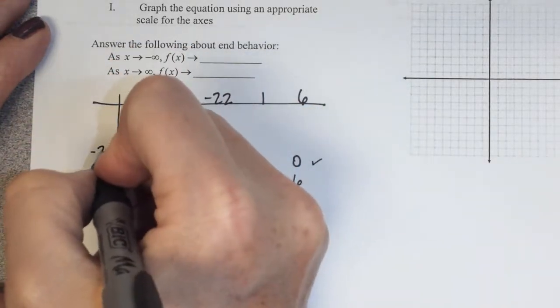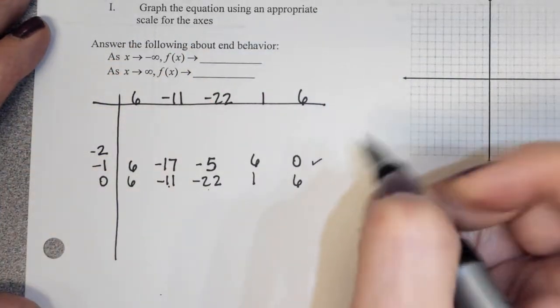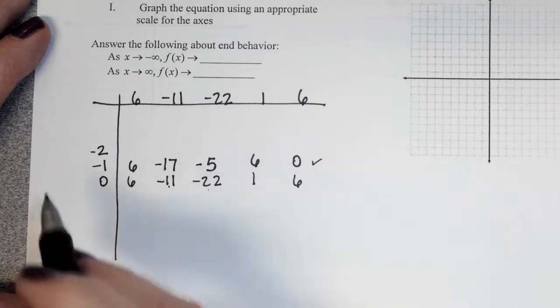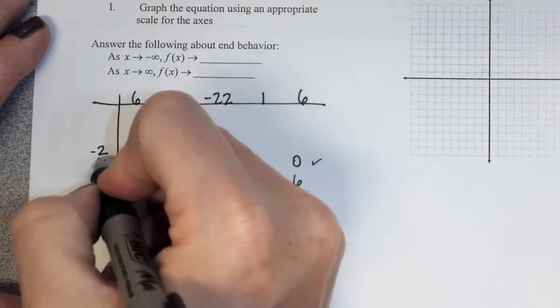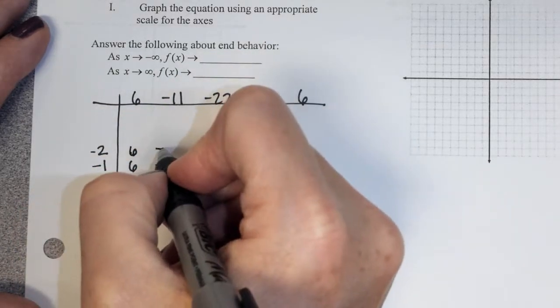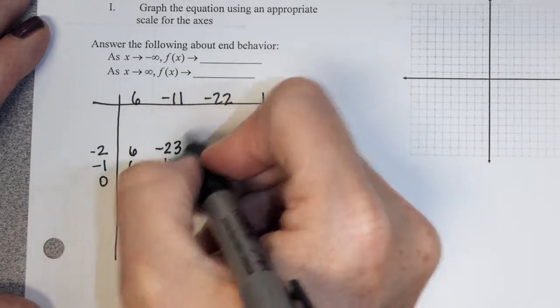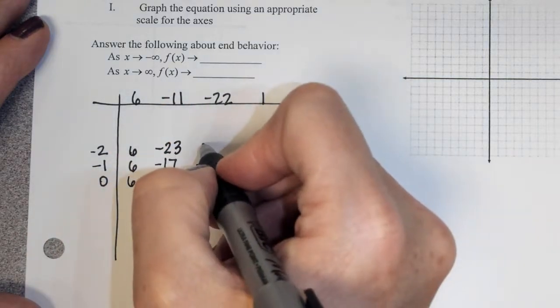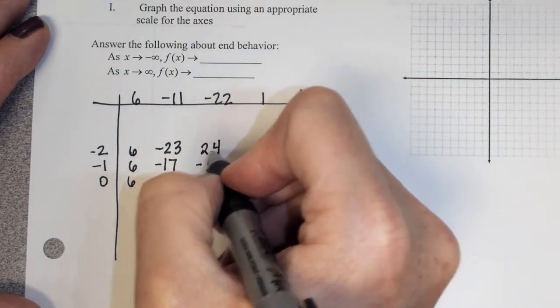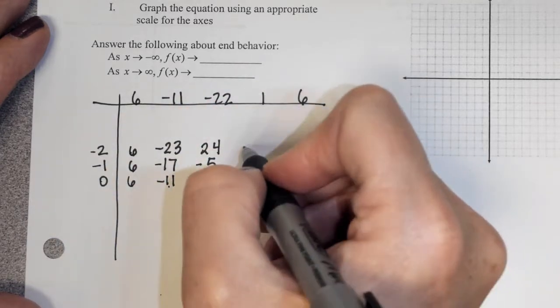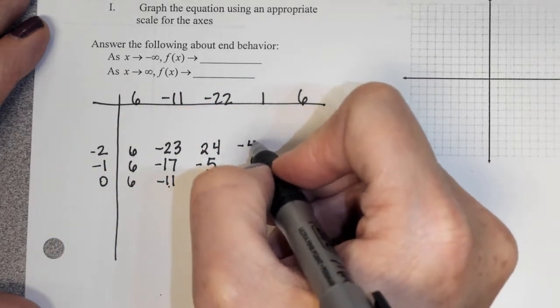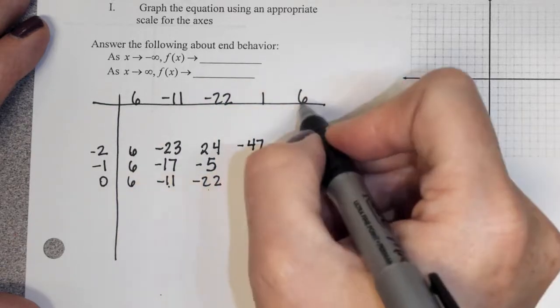So now I'm going to go down to negative 2. First I want to check for alternating signs. No. Okay, bring down the 6. Negative 12 added. 46 added. Negative 48 added. And then 94 added.